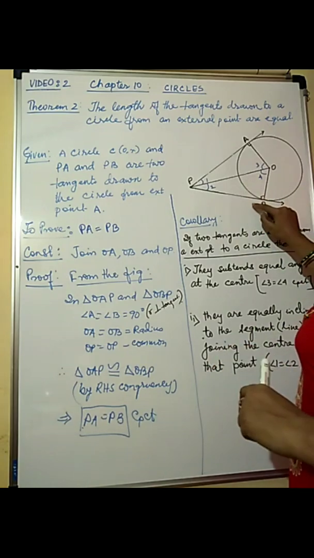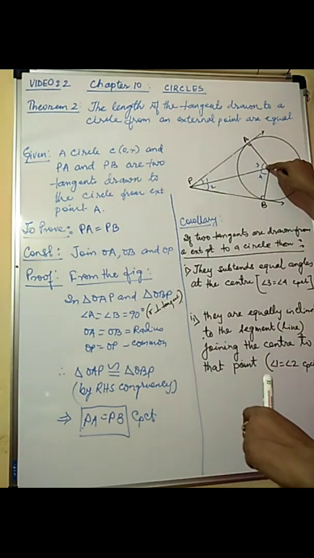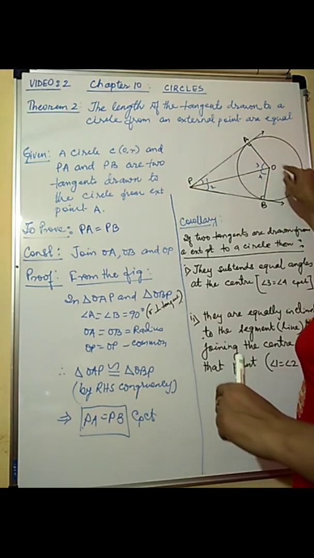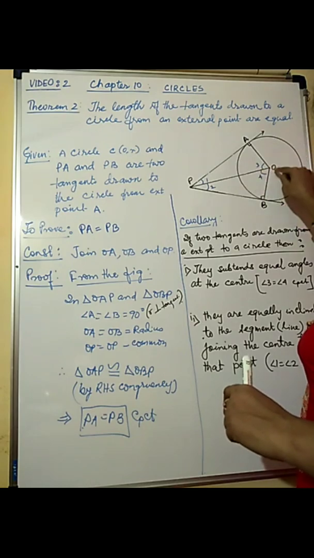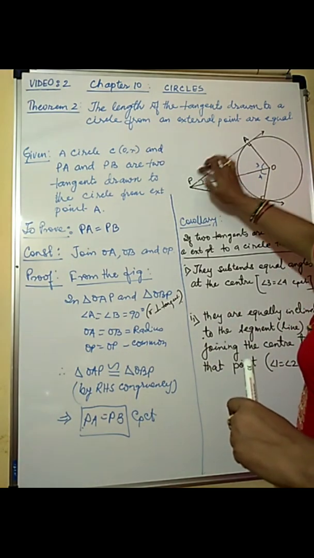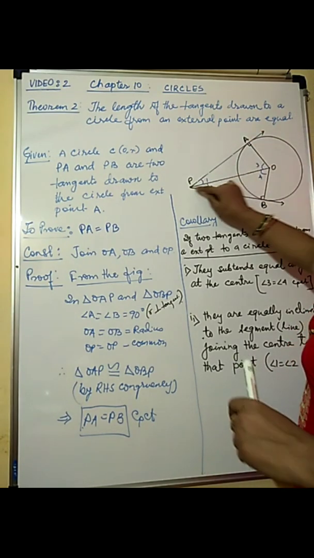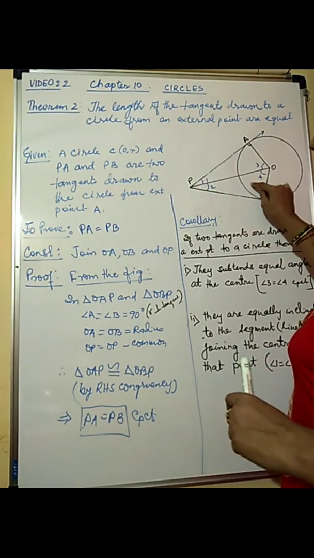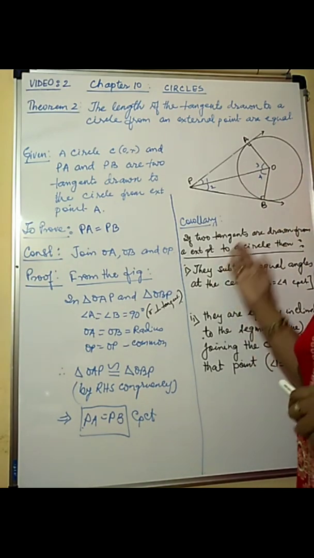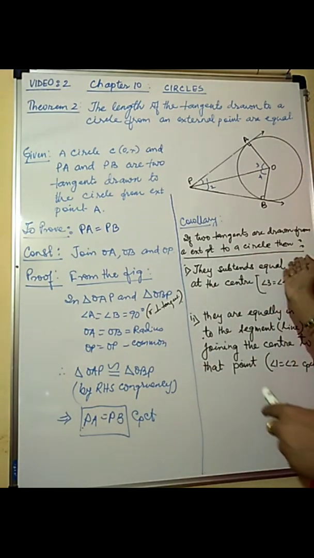The second conclusion: you see that these tangents make equal angles at the center with the radius. If we join the endpoints A and B to the center, they subtend equal angles at the center. So these are the two corollaries, two further results that we get from here.